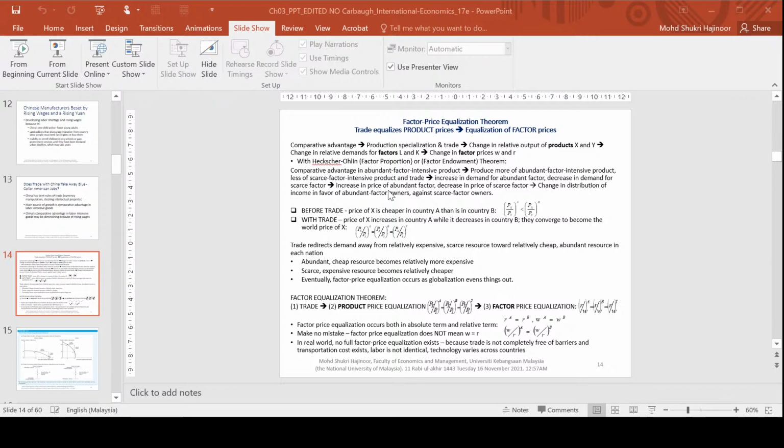If K is specific to the production of aircraft, the other one is mobile, labor is mobile.